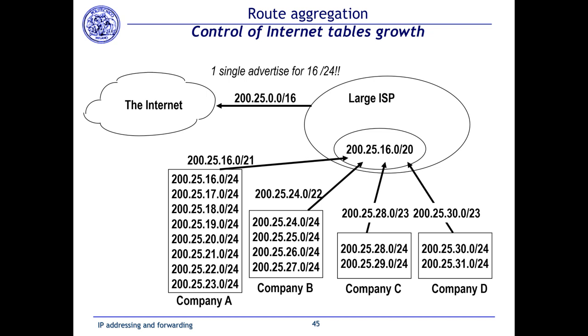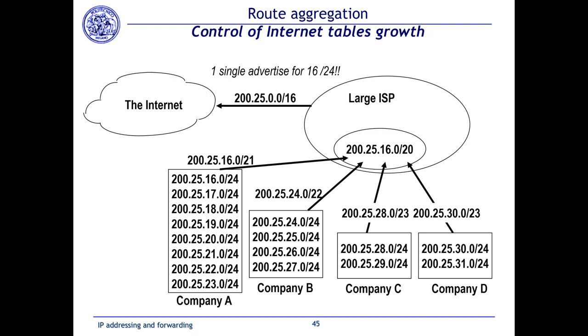You have two entries, one for business and the other one for the other customers. But you don't need to distinguish between the different companies. When you are getting in here, then you start distinguishing the different companies and so on. If you export all the detailed information at this level outside, in the internet, then you will have huge routing tables that are really unmanageable.